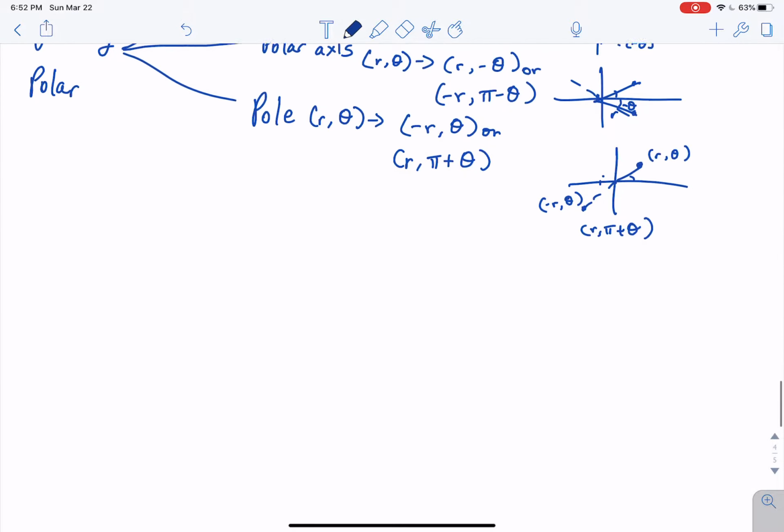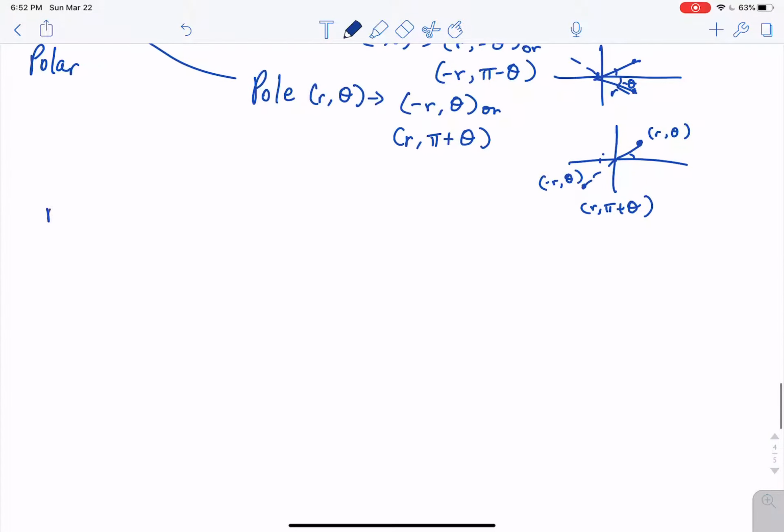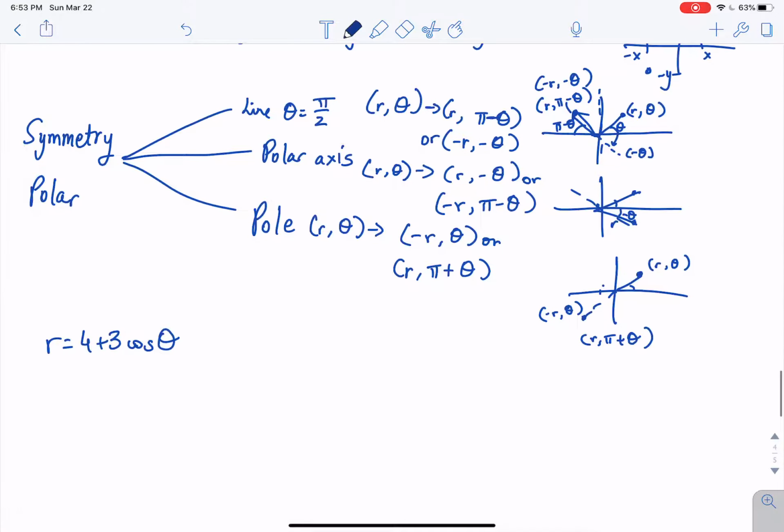So let's practice just with symmetry. If we have, let's say, r equals 4 plus 3 cosine theta, and we want to test for each of these types of symmetry. So we'll do line theta equals pi over 2. So we're going to replace r theta with r and negative theta.